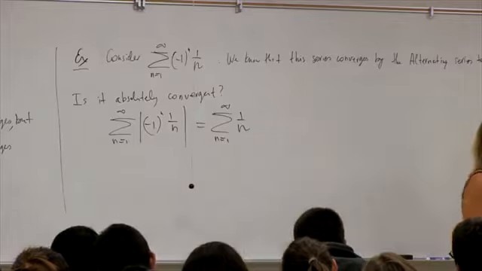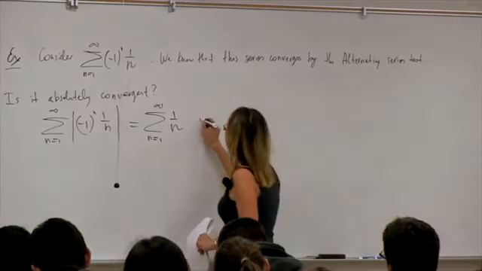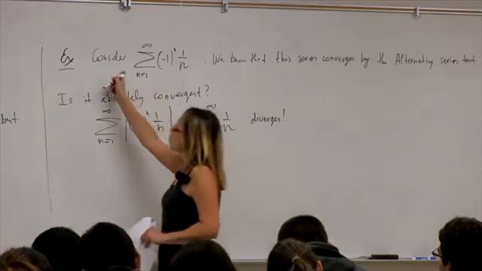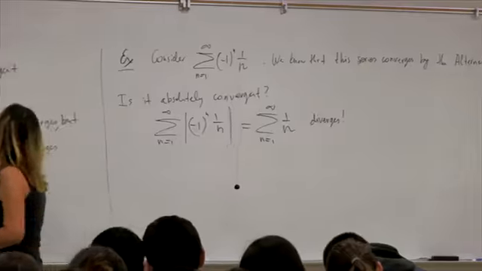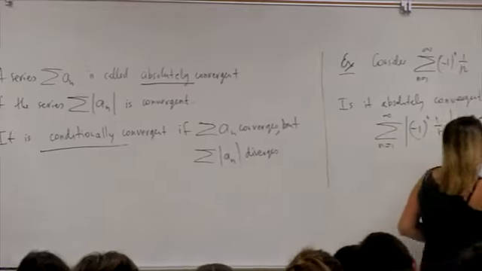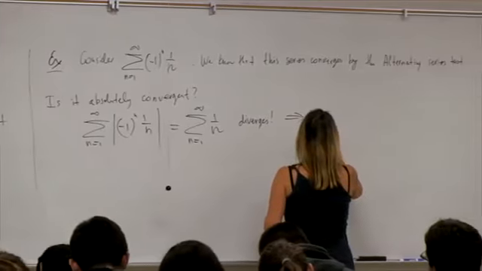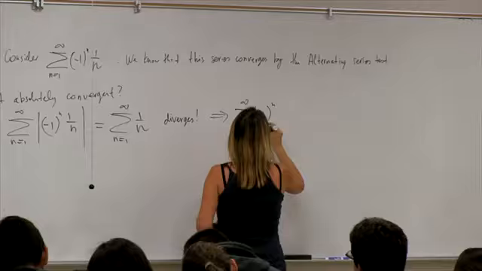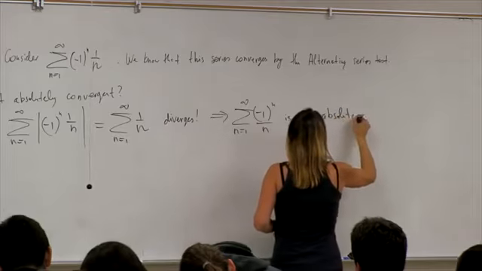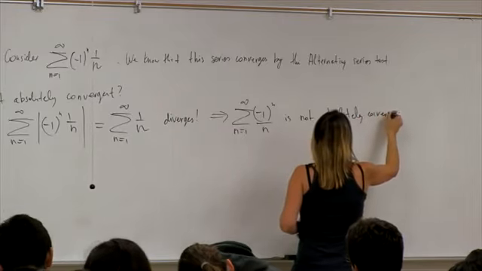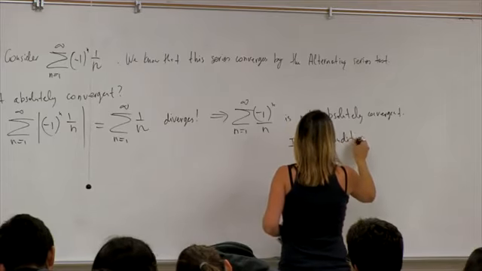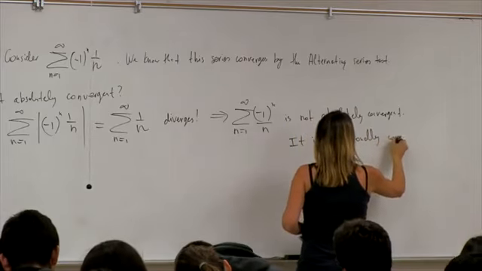And of course, this is the harmonic series that diverges. Therefore, my original series is not absolutely convergent. Instead, it is conditionally convergent.